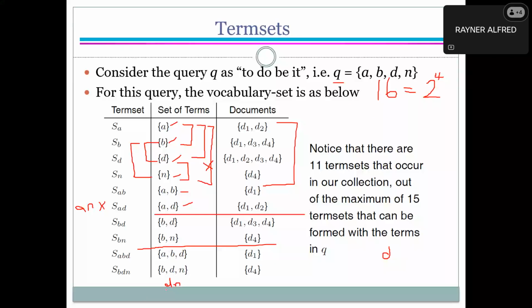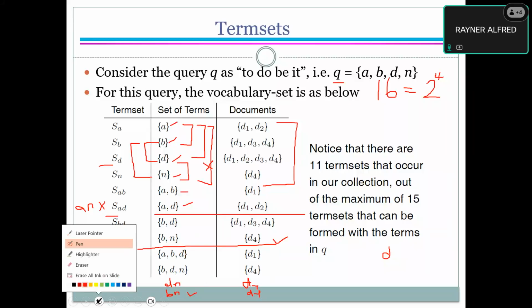This is D4. D4. 334. BN ada sini. BN is okay. Okay, but over here is 334. Okay, we have one more here.